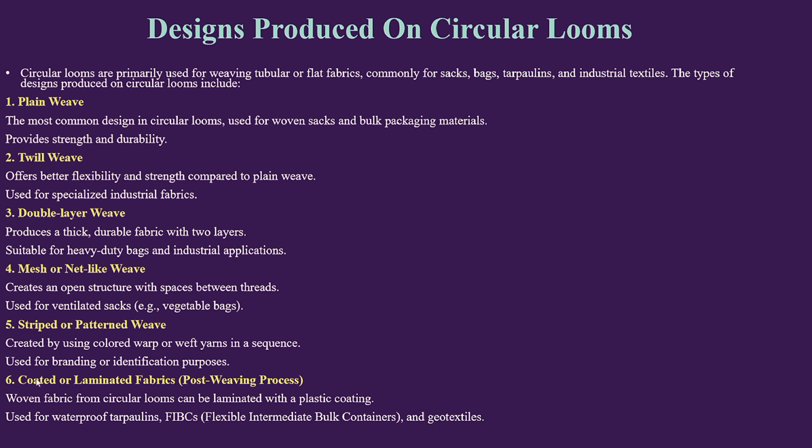This is used in technical textiles for coated and laminated fabric. That is why it is also called a post weaving process. Utilization is done in waterproof fabrics due to coating. These were the designs produced on circular looms.